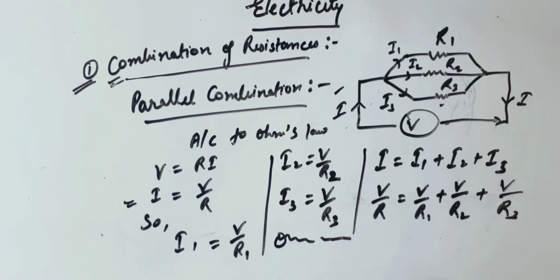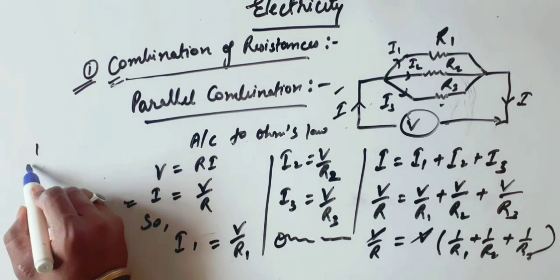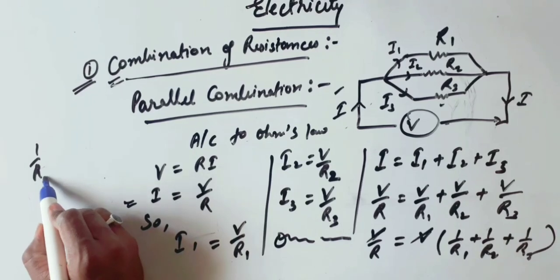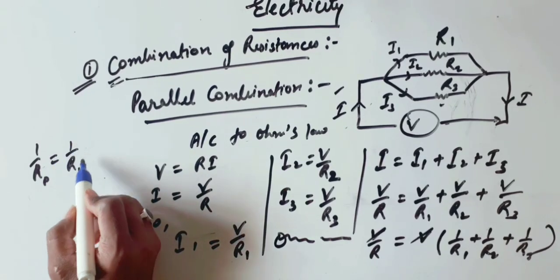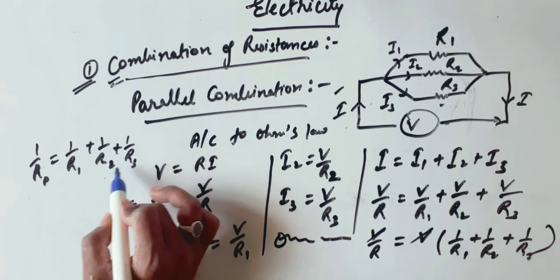Okay, so V will be taken out common. So V upon R is equal to V, taken out common, times 1 by R1 plus 1 upon R2 plus 1 by R3. Here we will cancel V on both sides, and we will get 1 by R in parallel combination will be equal to 1 upon R1 plus 1 upon R2 plus 1 upon R3.